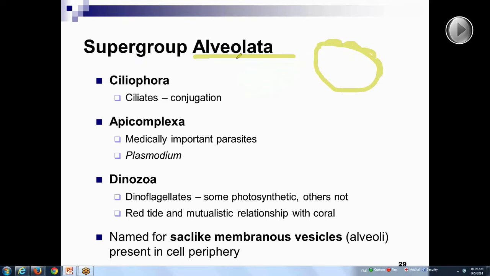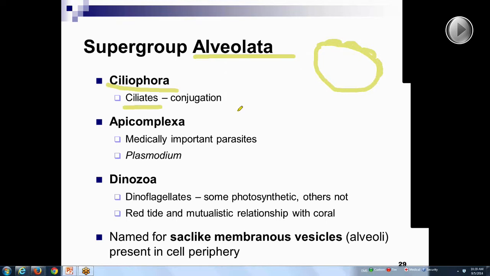So within the supergroup alveolata, we have the ciliophorans, which includes ciliates. So what do ciliates have? Cilia, right? They swim around with cilia. And do y'all remember, does that allow them to be bigger? Yeah, that's right. Having cilia on the outside can allow your cell to be a little bit bigger. Cilia really work together to move larger cells around.